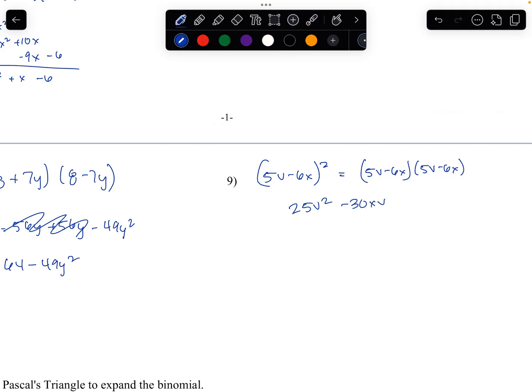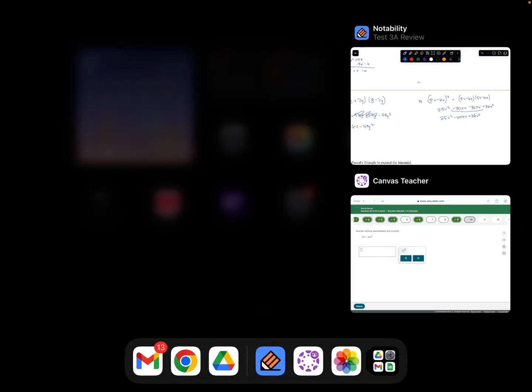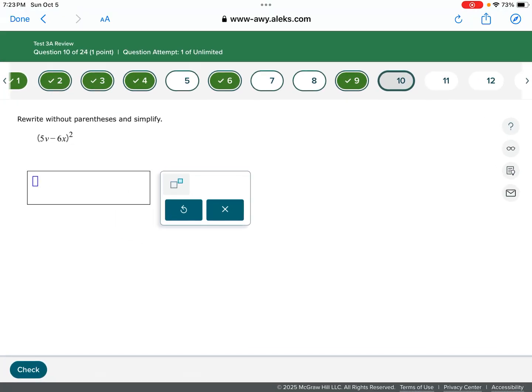And then you'll get another one of those because that's the same product right here. So minus 30xv and then plus 36x squared. These can combine, so you get 25v squared minus 60xv plus 36x squared. I really don't want to type all that in, but that's what you would type in.